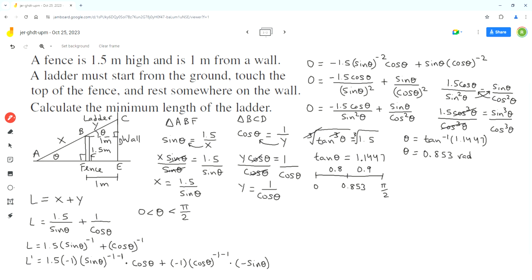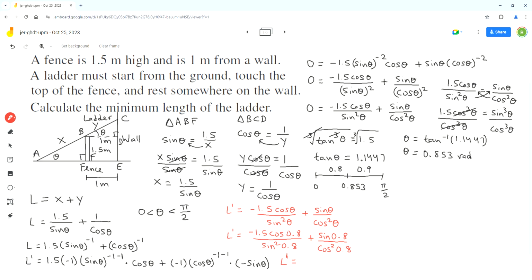So first we should write the expression for the derivative of the length function, and the expression we got is... now we can sub in theta as 0.8.